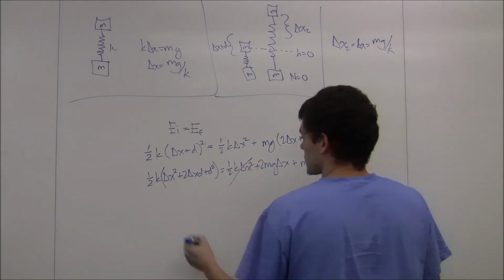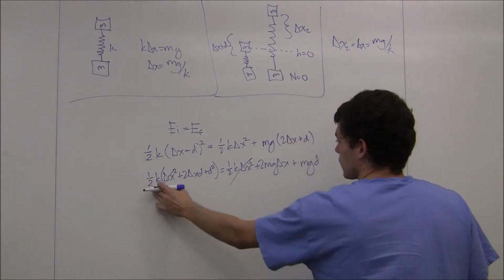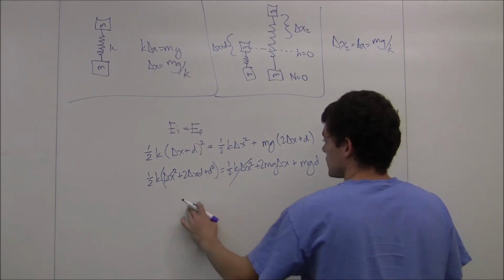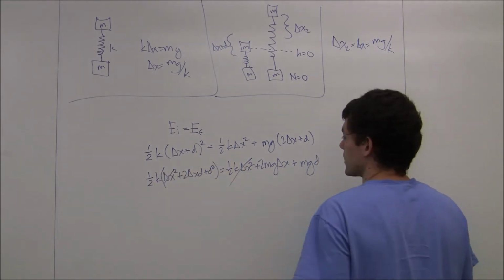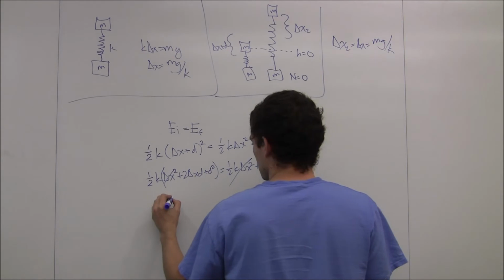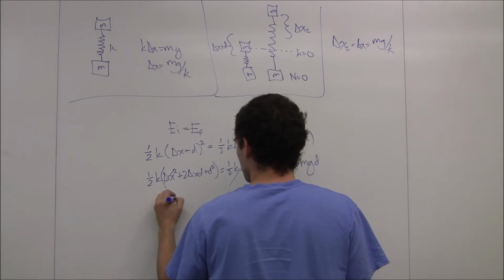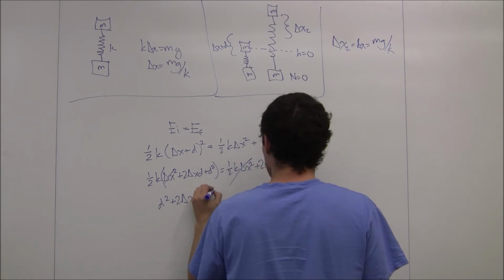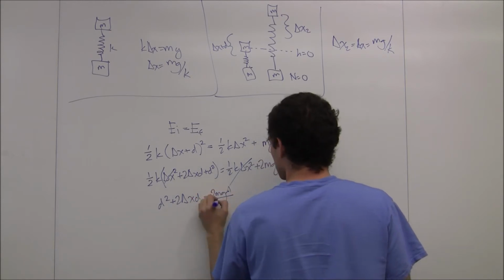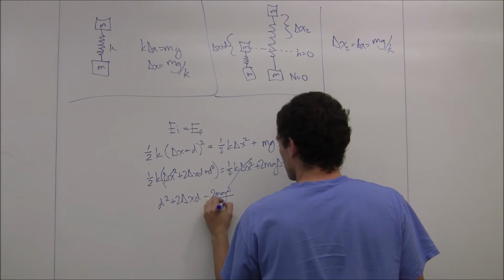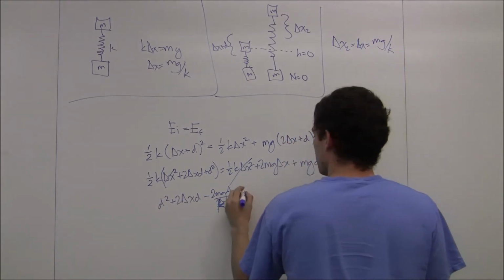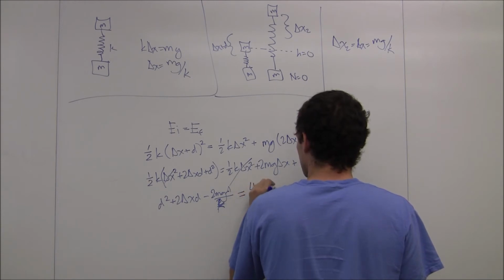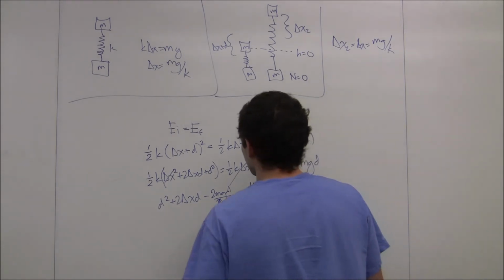Now I'm going to cancel out this term with this term because the 1 over 2 k distributes, and then I'm going to pull the mgd over here and multiply through by 2 over k. So that gives us d squared plus 2 delta x d minus 2 mgd over k, because I had to multiply through by 2 over k before pulling this over, is equal to 4 mg delta x over k.